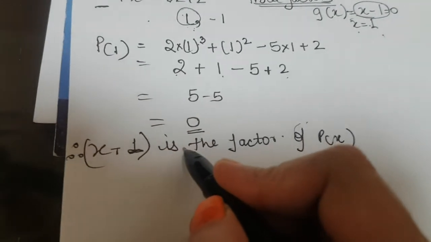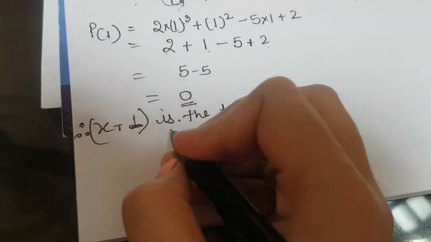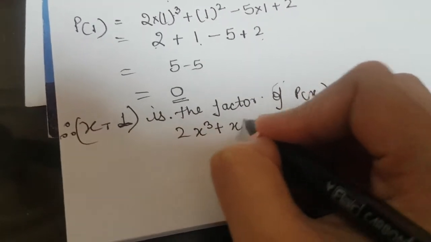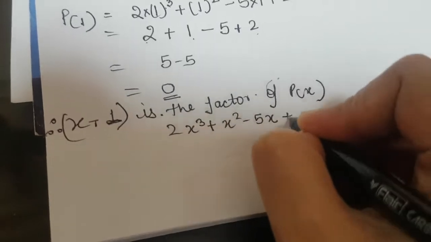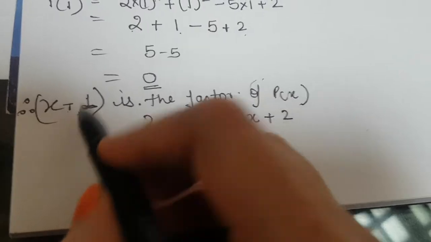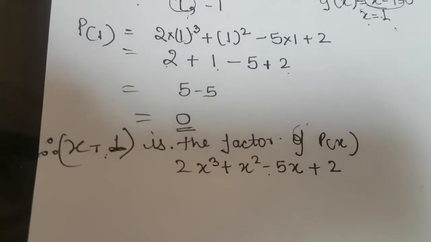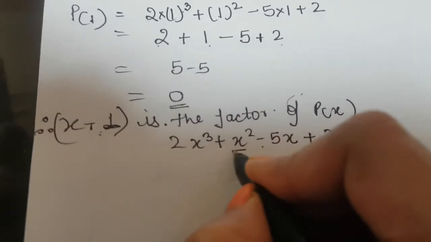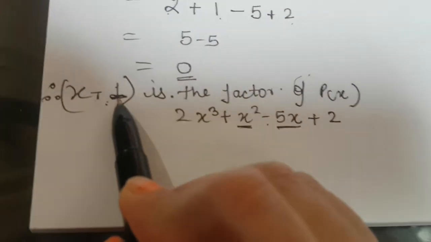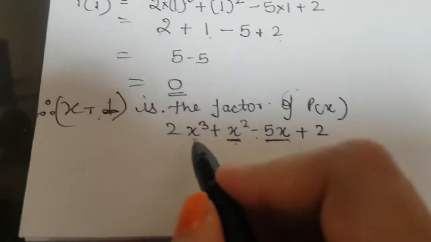So one factor we have got already, that is 1. After getting one factor, now we will find two more factors of this cubic polynomial, because x minus 1 is a factor of this polynomial. We will split the middle two terms of this cubic equation according to this. So how to split these middle two terms?